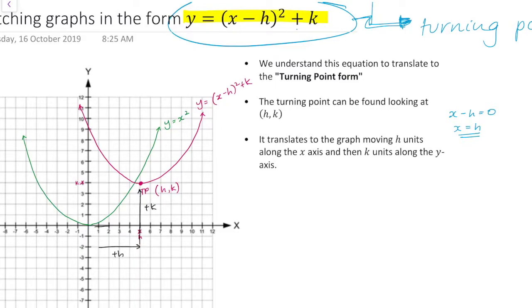So going along the x-axis, we've moved positive h units across, and then moving up the y-axis, we've moved positive k units up. So that means that the turning point has gone from 0, 0 to h, k.